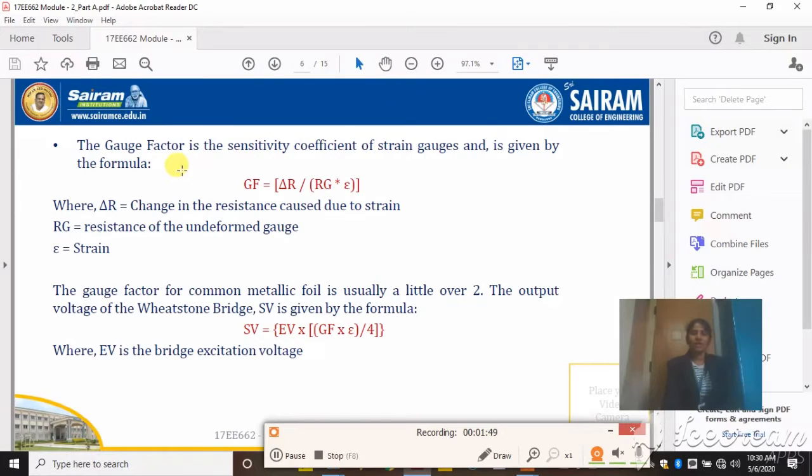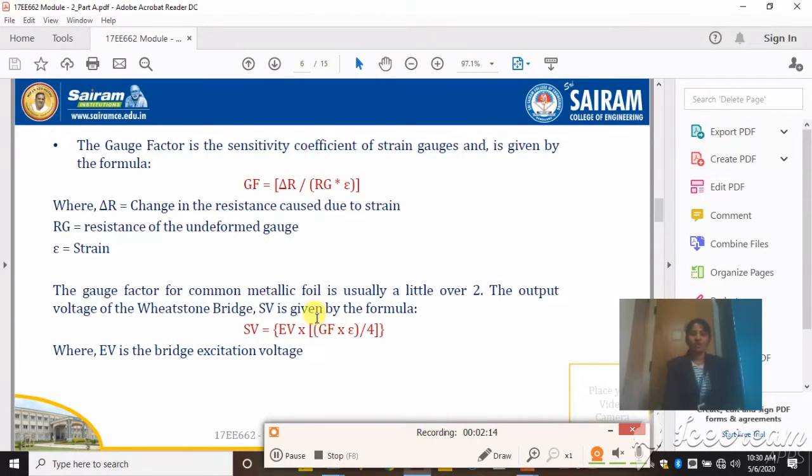The gauge factor is not the same for all types of material. For example, in the case of a common metallic foil, it is usually a little over 2. The output voltage of the Wheatstone bridge, SV, is given by the formula SV = EV × GF × ε / 4. EV is the excitation voltage of the bridge circuit.